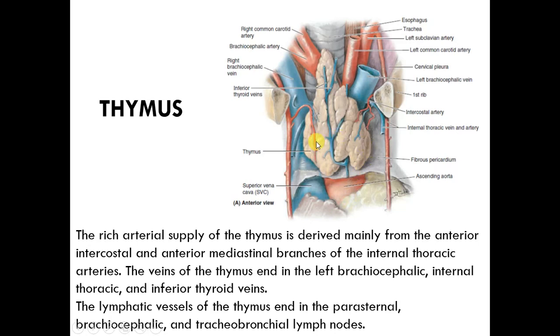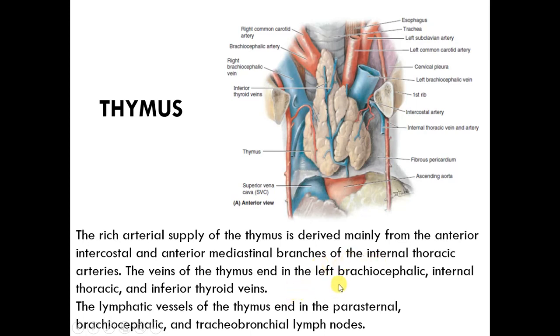It is richly supplied by the arteries derived from the anterior intercostal and anterior mediastinal branches of the internal thoracic artery. Why am I mentioning this here? Because this is many times asked as an MCQ by the examiners, that the blood supply of the thymus is from the anterior intercostal arteries and anterior mediastinal branches of the internal thoracic artery.